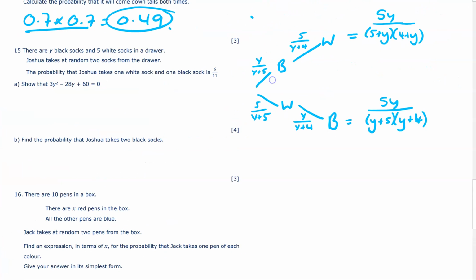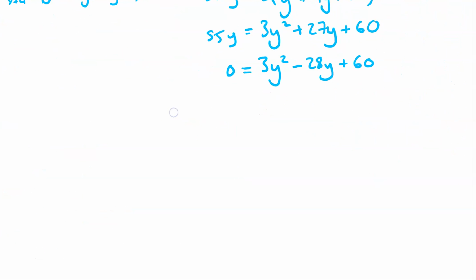Right, where are we? Find the probability it takes 2 black socks. So we need to know what y is. We know it's going to be y over y plus 5 times y minus 1 over y plus 4. Do we need to know what y is? I guess we do.